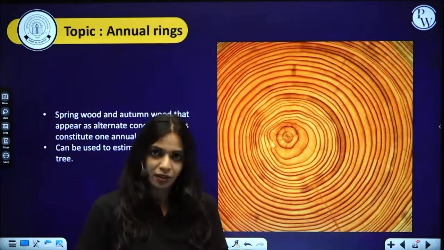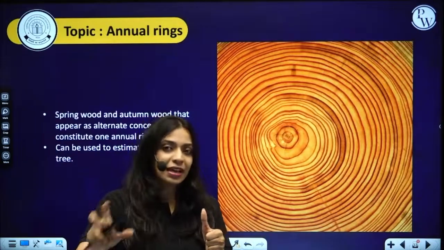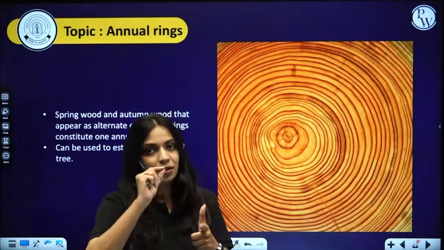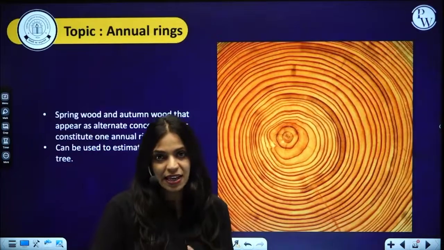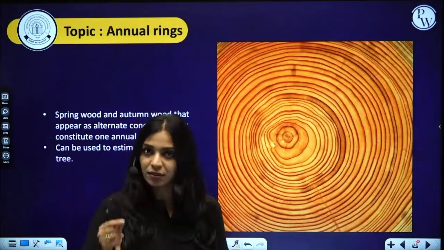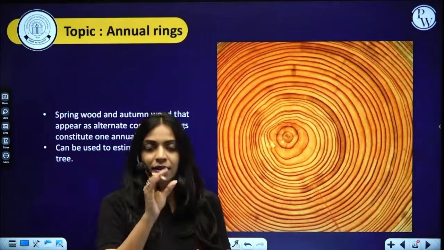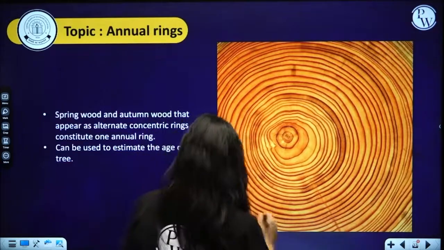So in a year, at one time, more number of xylary vessels or xylary elements with wide lumens are produced. In the same year, number of xylem vessels is less and narrower, that is produced during autumn, right? So in a year, there are two bands that you can see being formed.